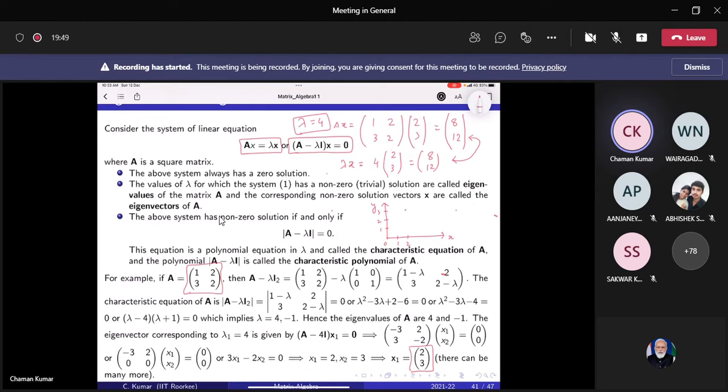So this point is here, and this is my vector (2, 3). Now when you write Ax, the outcome is (8, 12). Where will (8, 12) lie?